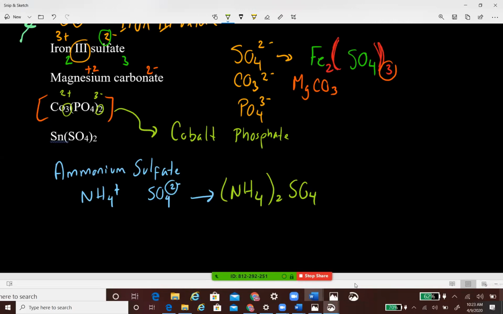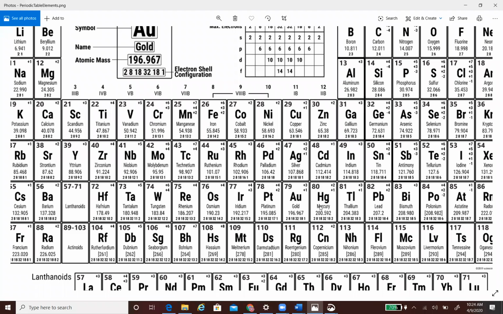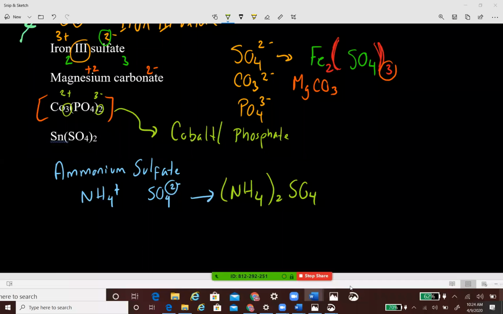That's the reverse crossover rule. So that tells us cobalt is, I believe, a transitional. Yeah, no, sorry, cobalt is not a transitional. So you do not need to use a Roman numeral in this case. But if it was transitional, then you would put the Roman numeral 2. I could have sworn I thought cobalt was transitional, but maybe I'm going crazy. Being at home is driving me a little bit crazy.